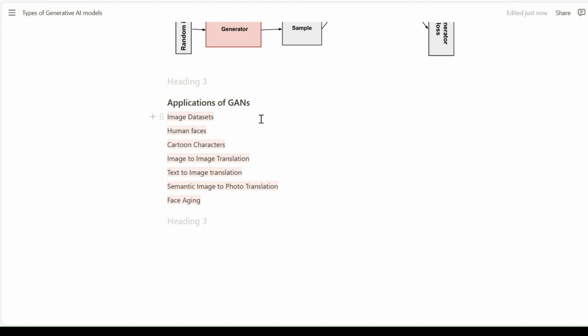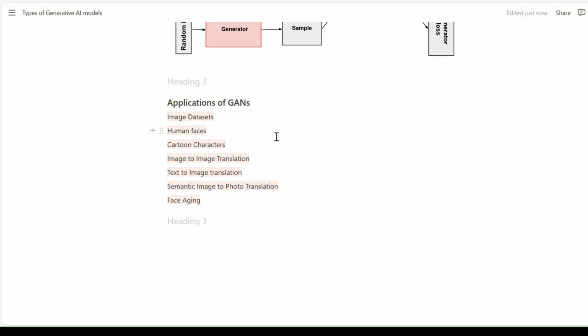We have some AI tools that use these models at the backend. Next we have cartoon characters. These models can generate entirely new cartoon characters and images based on your input prompt.